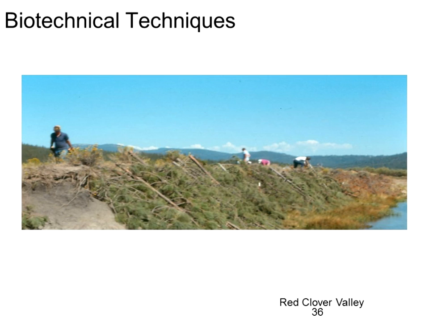But what happens is that area becomes a place where sediment gets trapped, and then it slows down the water, and then of course the riparian vegetation can root in that. So these are just some examples of these biotechnical techniques that are used in stream restoration, and they can be very effective and not too costly in some cases.